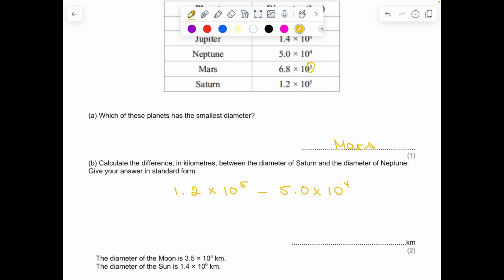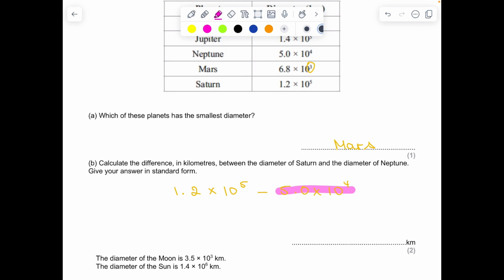There's lots of different ways we can do this. You can turn them into normal numbers. That's absolutely fine. Or we can make the second one into 10 to the power of 5.